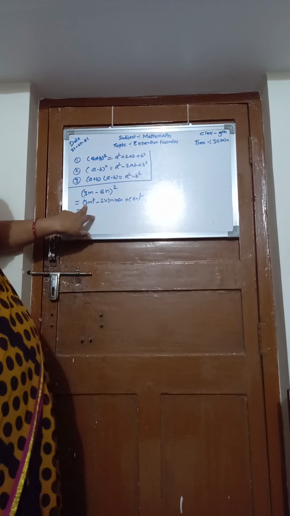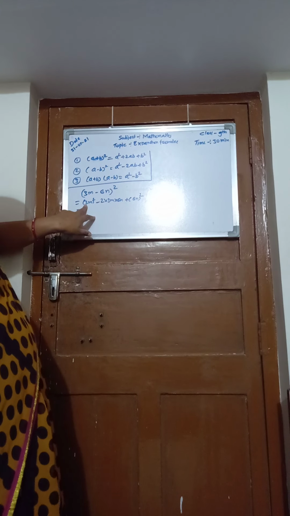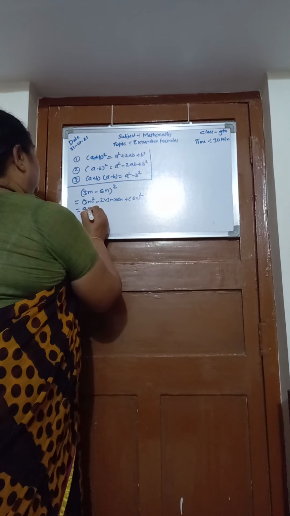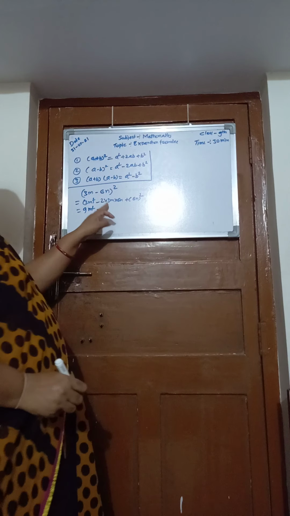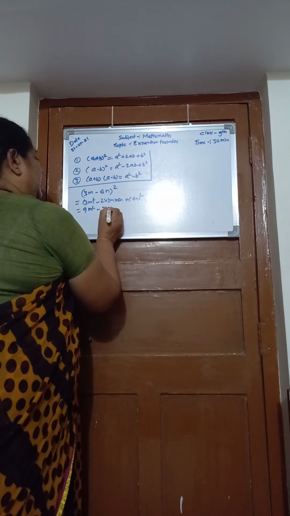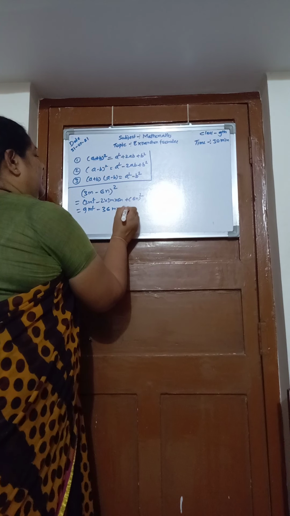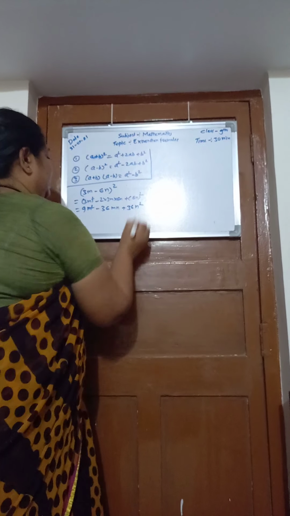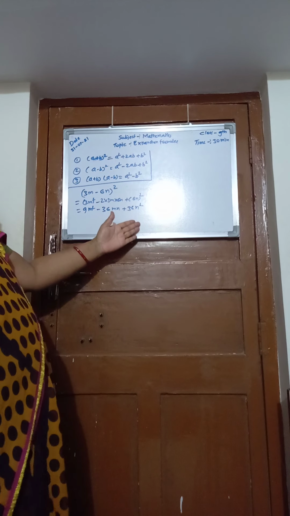What is the square of 3? Good, 9m square. Then 2 into 3 into 6 is 36mn, plus 6 square, 36n square. Okay, you can put this.